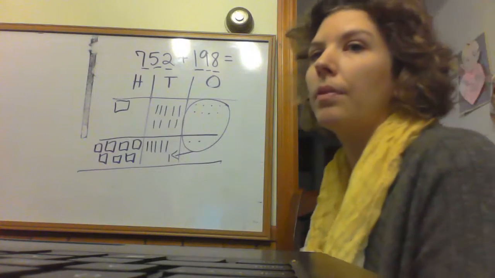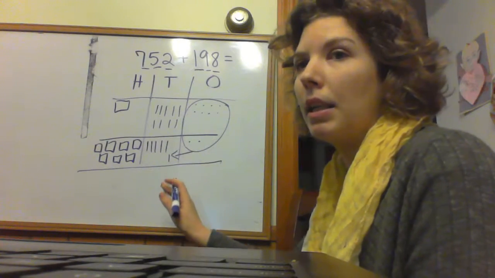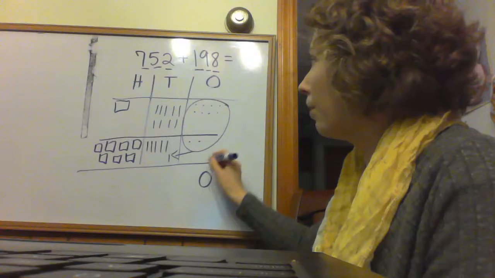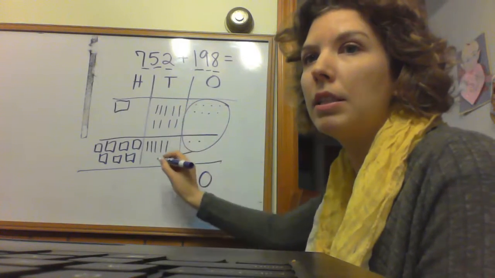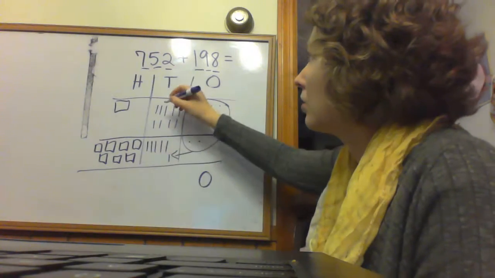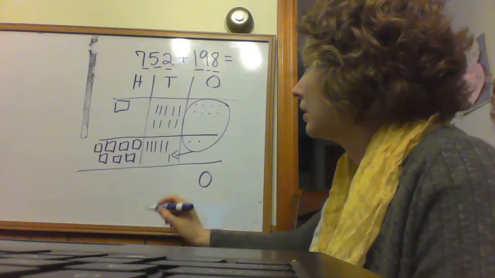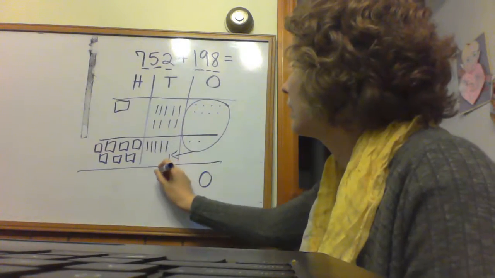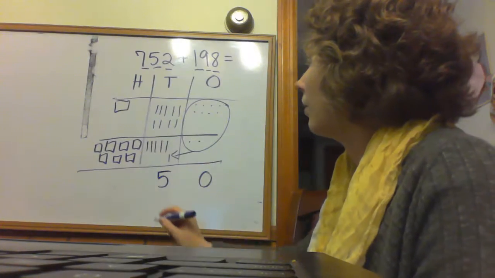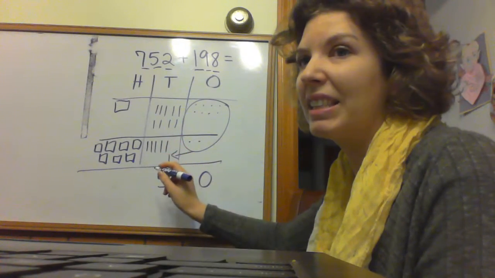So now I can add all my 10 sticks because I have 0 ones left and all the 10 sticks are together. So we have 9 and 6, right? So I have 15 tens.